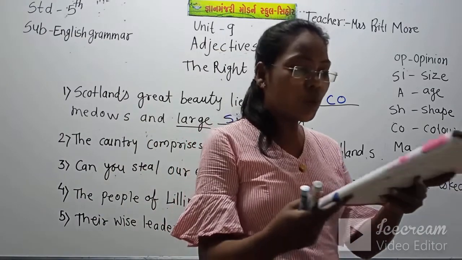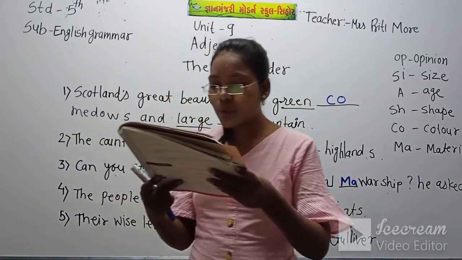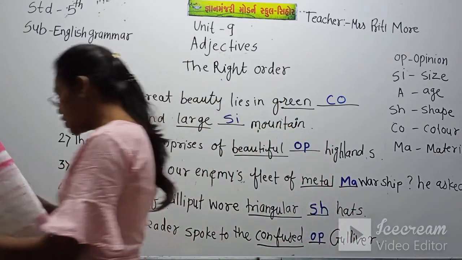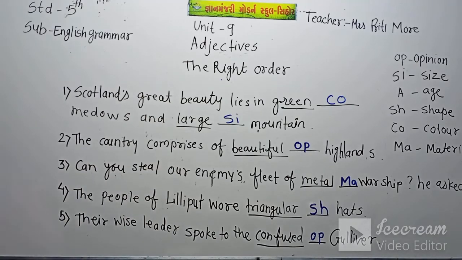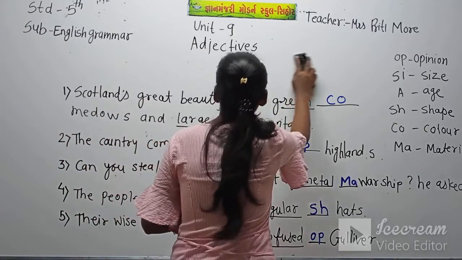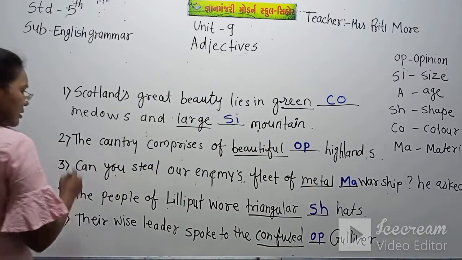Old is highlighted: book about a sailor named Lemuel Gulliver. So I write the sixth one. First I rub this and I write here the sixth sentence.